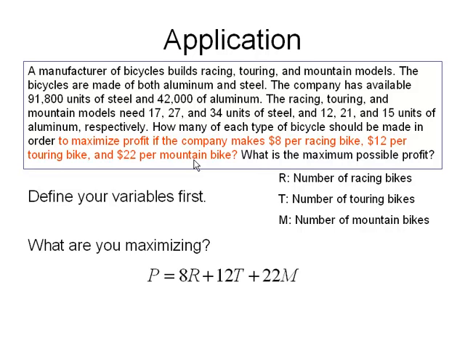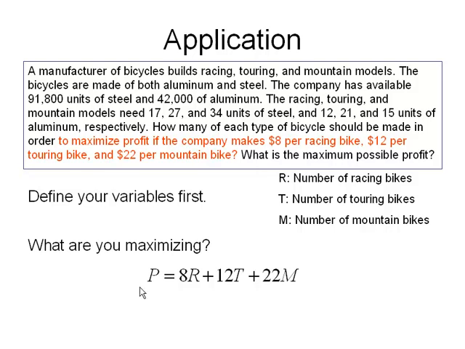So based on that, I'm going to write out P equals 8R plus 12T plus 22M, because I know one racing bike gives me $8 of profit, so R of them is going to give me 8 times R. One touring bike gave me $12 of profit, so T of them will give me 12T in profit. One mountain bike gave me $22 in profit, so M of them will give me 22M.